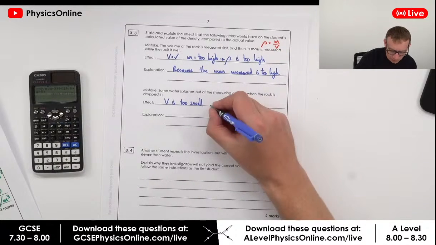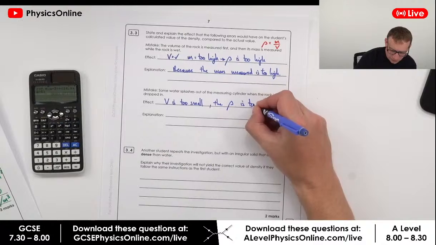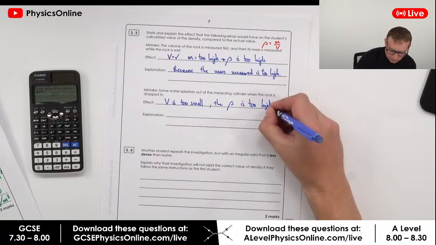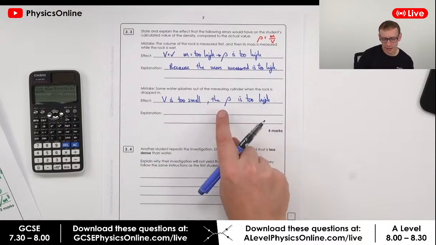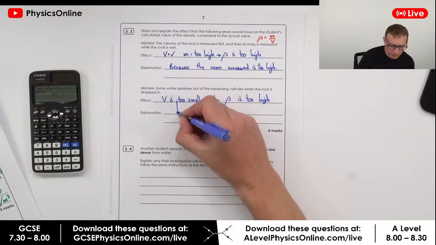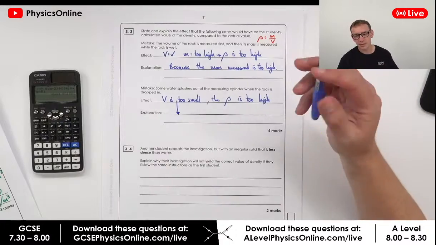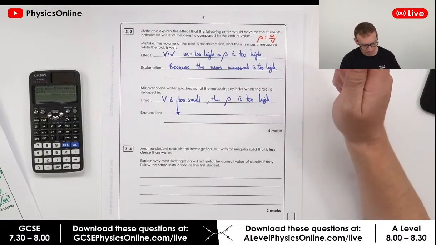So if V is too small, then density is too high. The explanation is that the volume measured is too small, so we're going to get, again, as Abdul said, a higher density.